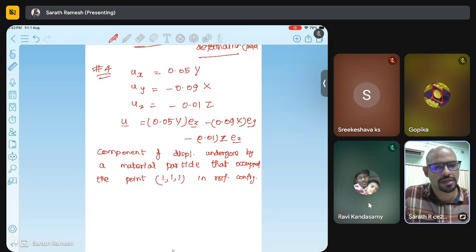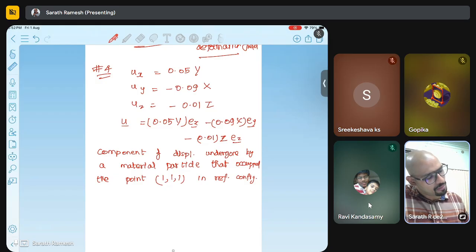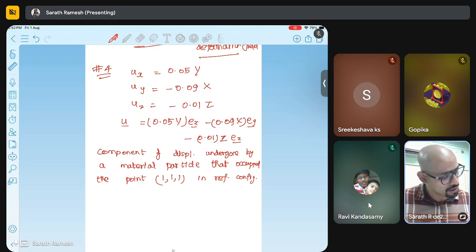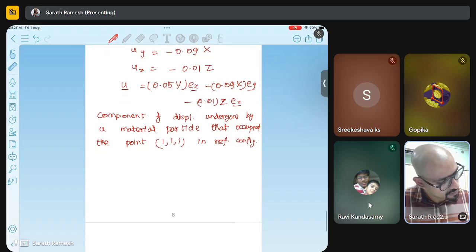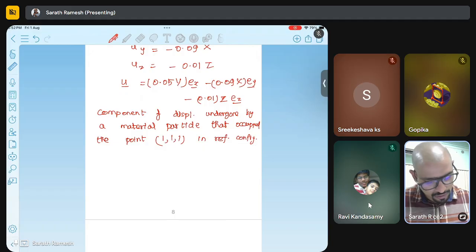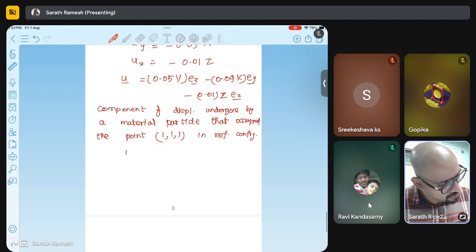So they have given us the displacement field and we need to find the components of displacement undergone by a material particle that occupied the point 1, 1, 1. So let's solve.